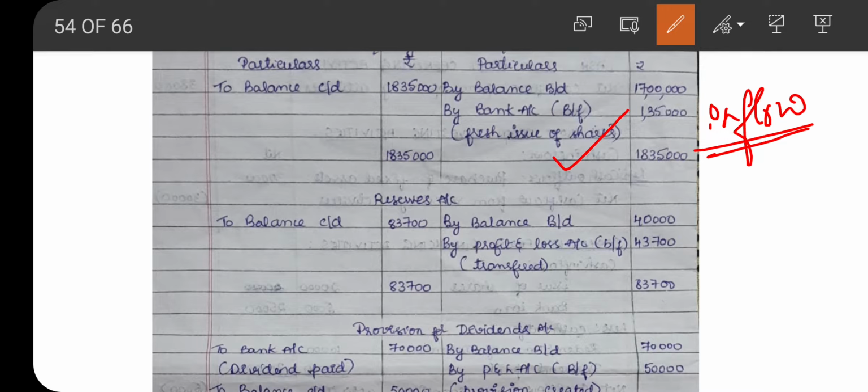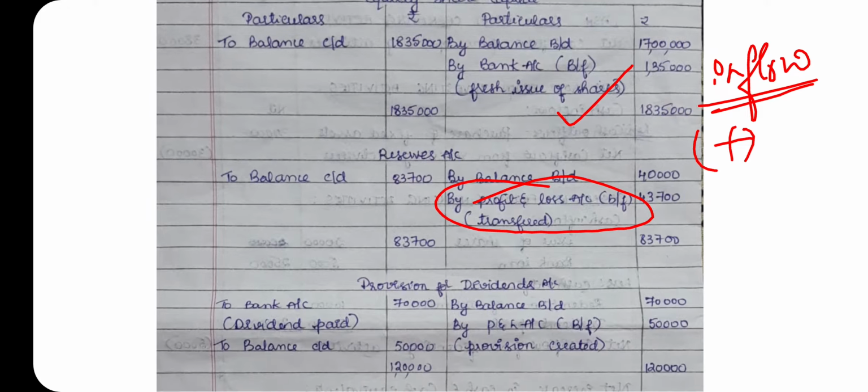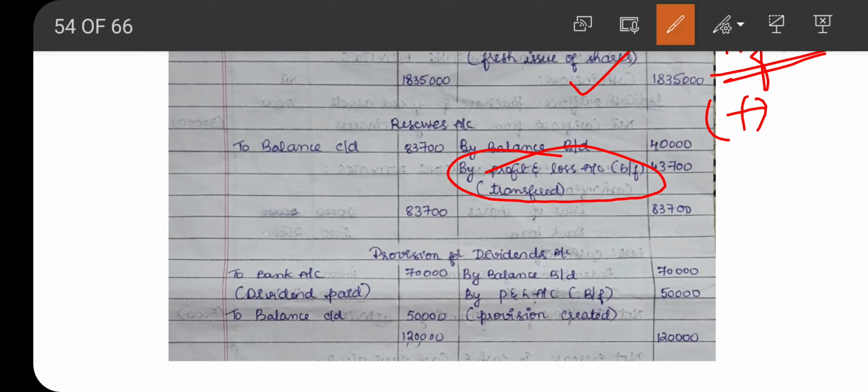So it is an inflow of cash. You need to add it under cash flow from financing activities. Then this transfer to reserve is a non-operating expense. You need to add it to the closing balance of profit and loss account.